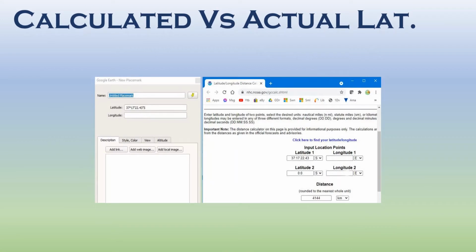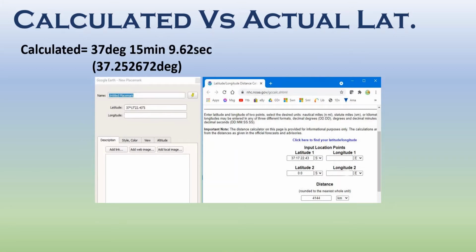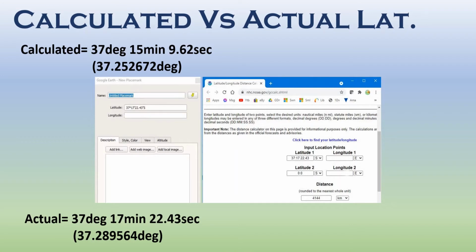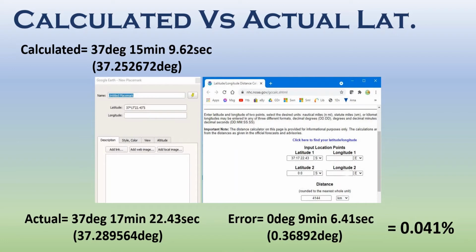So how does that fare with the accepted value of where we actually are on the planet? Comparing what I worked out from the shadow length to our actual spot on the globe gives us an error of 9 minutes, 6.41 seconds, or an actual percentage error of 0.041 percent, less than 0.1%. And you can probably tell that I'm pretty damn happy about that.